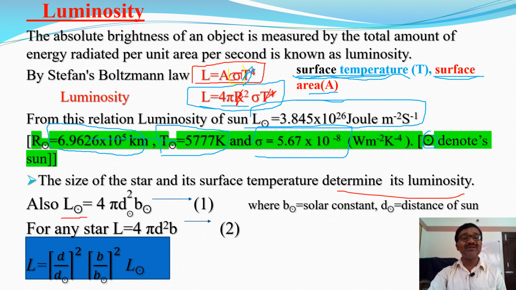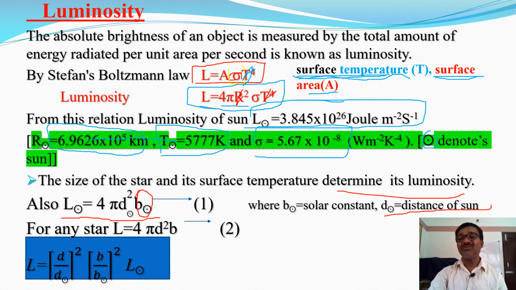Therefore, luminosity L is equal to 4 pi d sun squared times B sun. Here, this indicates the total solar energy reaching the earth's surface per unit area per second from the sun, that is the solar constant.